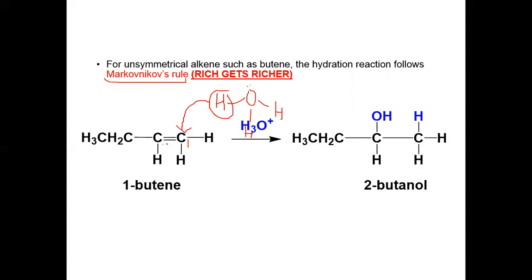Carbon 1, carbon 2. Kenapa dia masuk carbon 1? Sebab H akan pergi kepada carbon yang banyak H. Carbon 1 ada 2 H, carbon 2 ada 1 H saja. So the first H will go into your carbon 1. So OH akan masuk dekat carbon 2 nanti. So it follows the same Markovnikov rules juga. So dia akan produce 2-butanol kat situ.